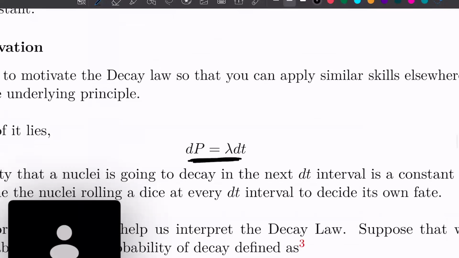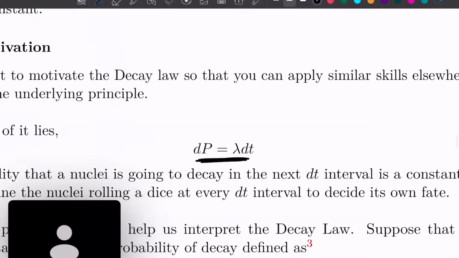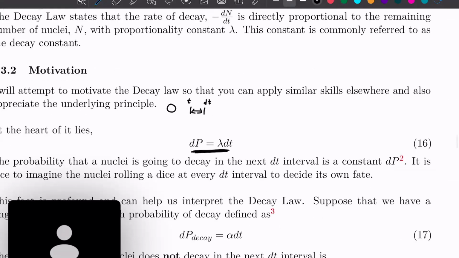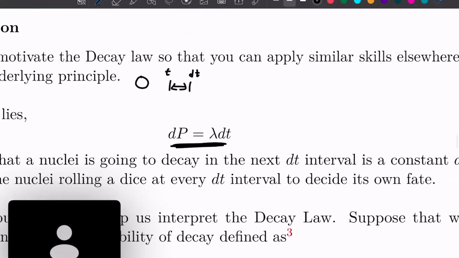This might be a bit confusing. What I'm saying is that if I only have one nuclide, the probability that it decays within a small interval dt is a constant. This is the most fundamental principle.